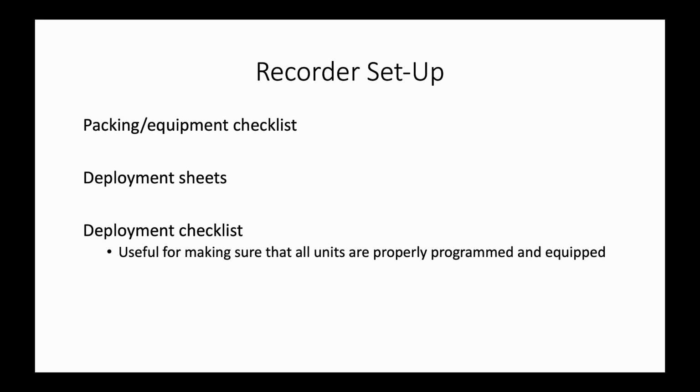Deployment checklists can also be a valuable strategy for ensuring that units are serviced in a consistent fashion. This is a checklist that people would use each time they're starting a recorder to make sure that the unit is properly programmed and equipped.